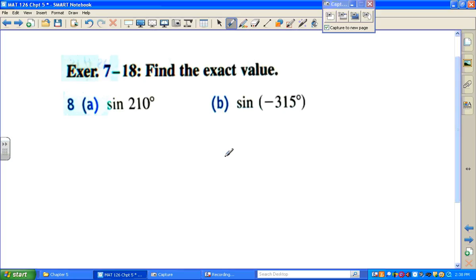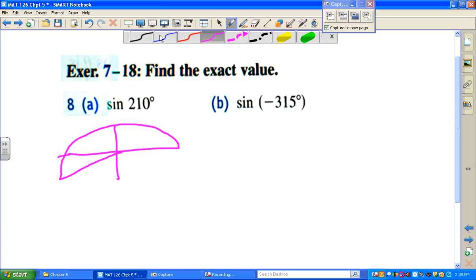Sine of 210. Firkins, ready? Where's 210 at? Third quadrant. What's the reference angle for 210? The reference angle for 210 would probably be pi over 6. Is that right? 7 pi over 6, sorry. Do you see a degree symbol there? 30 degrees. 210 is theta.